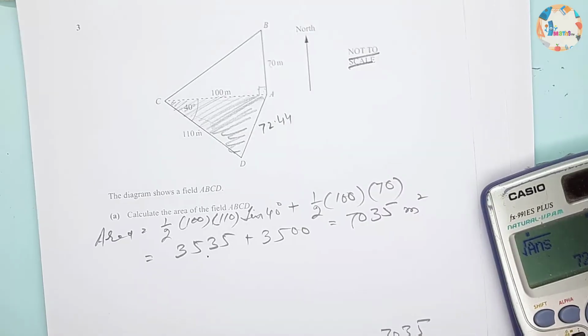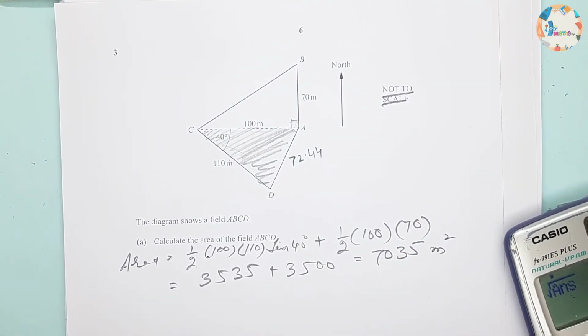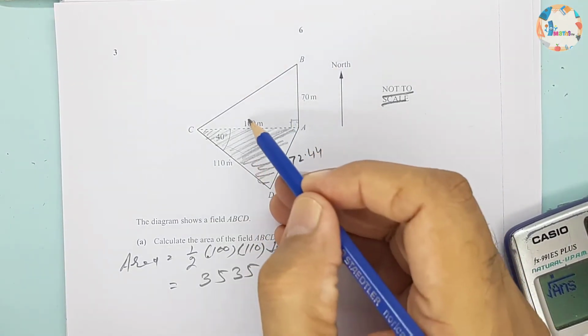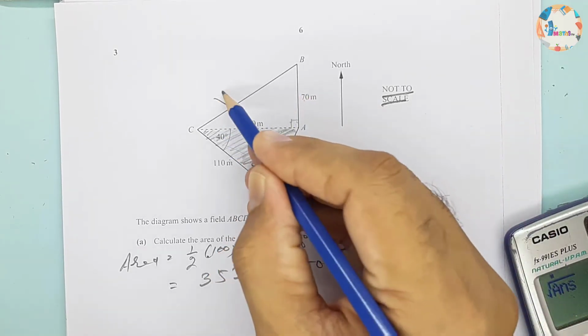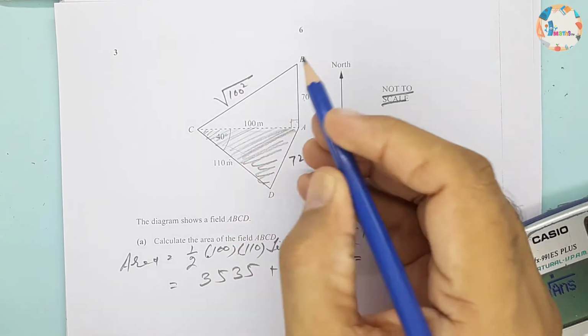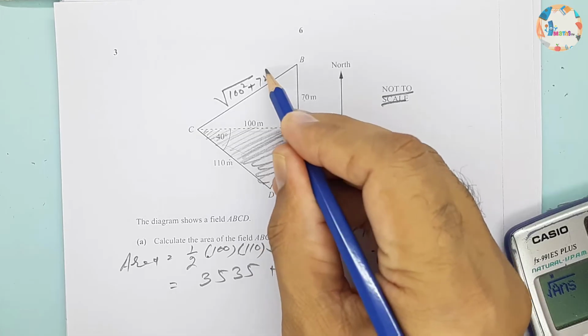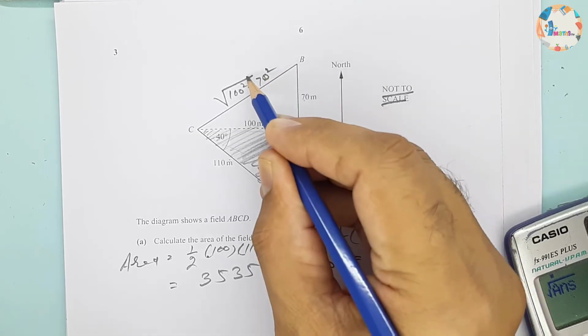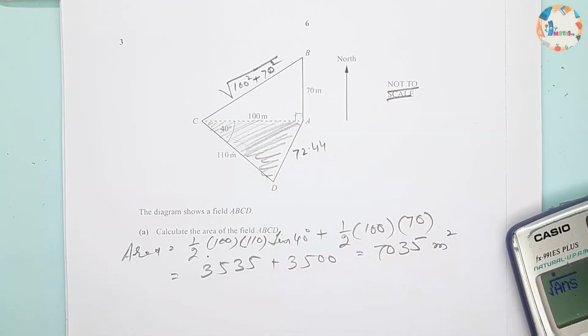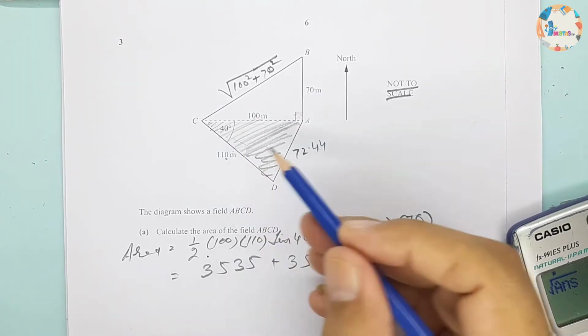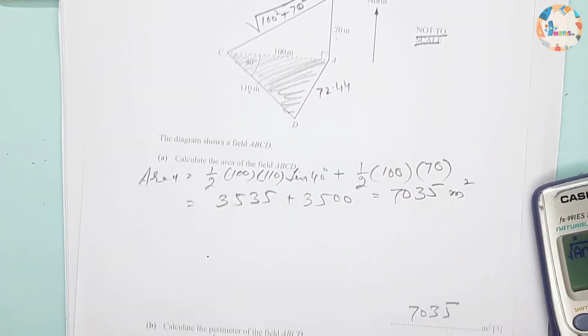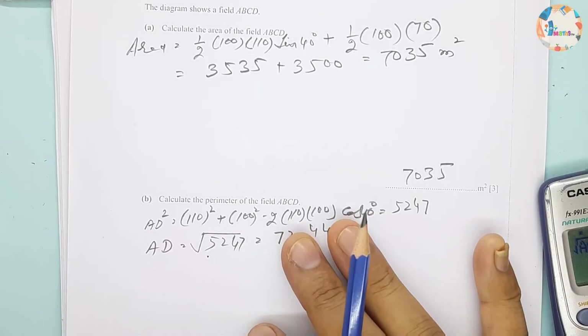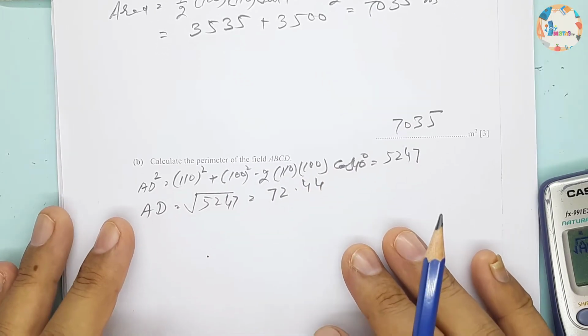Now we have this side as 72.44, and this side we can get by Pythagoras theorem: the root of 100 square plus 70 squared. Now we have all four sides and we can add them to get the perimeter.